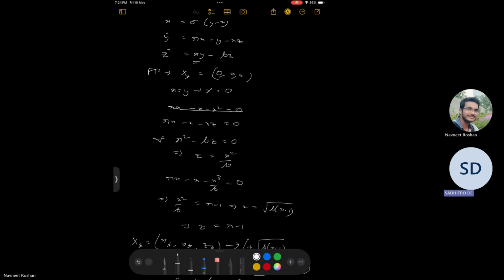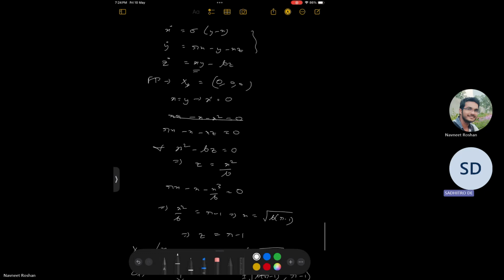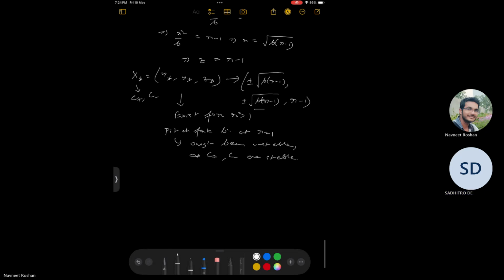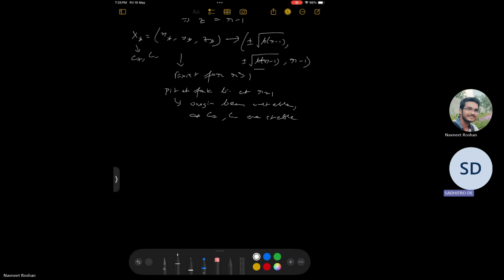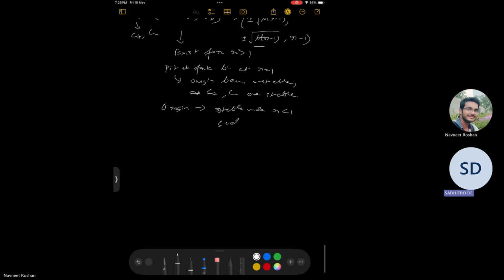Then we can analyze the Jacobian in the variables x and y, and you see that when r becomes greater than 1, the origin becomes a saddle point, and before, when r is less than 1, it was a stable fixed point because all directions are incoming. It is a stable node when r is less than 1, and it is a saddle when r is greater than 1.